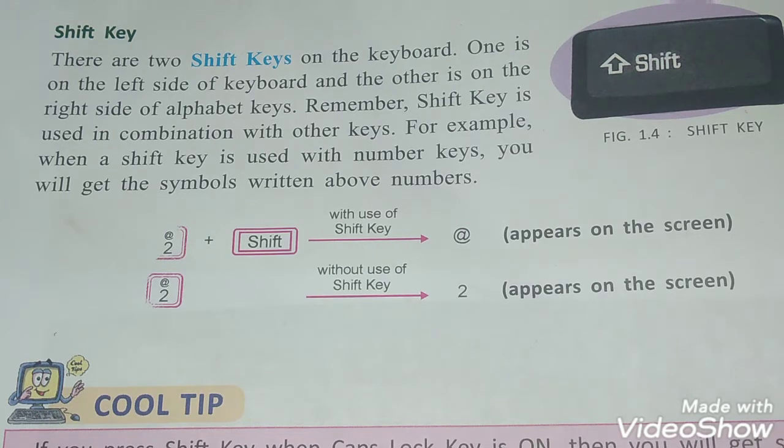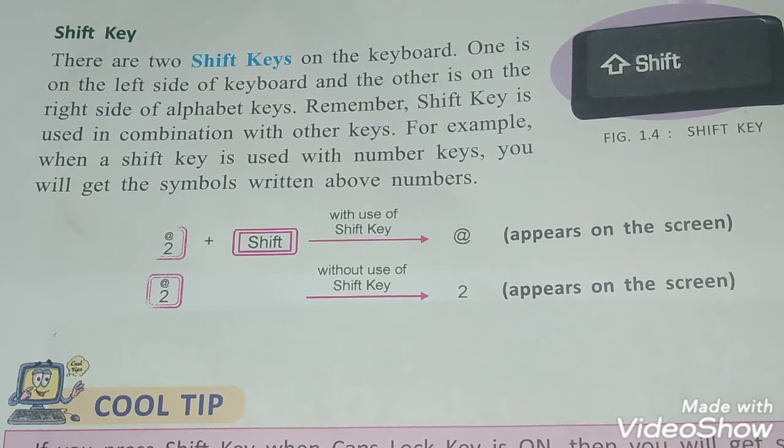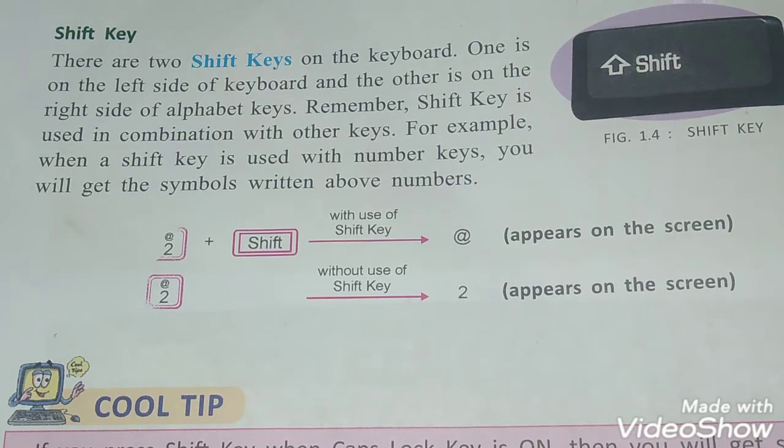One is on the left side of the alphabet letters and the other is on the right side. There are two shift keys on the keyboard. Understand? Remember that the shift key is used in combination with other keys.